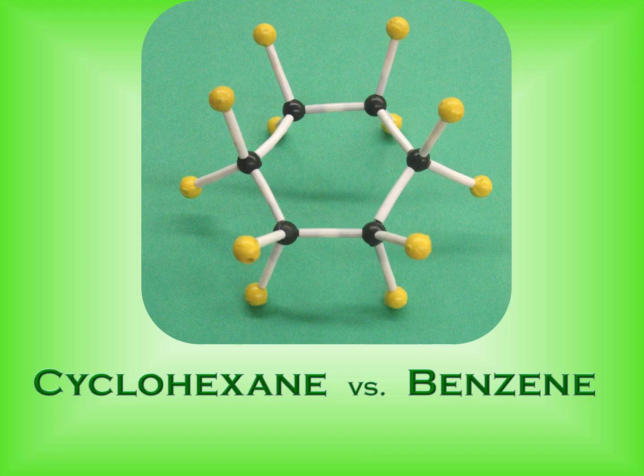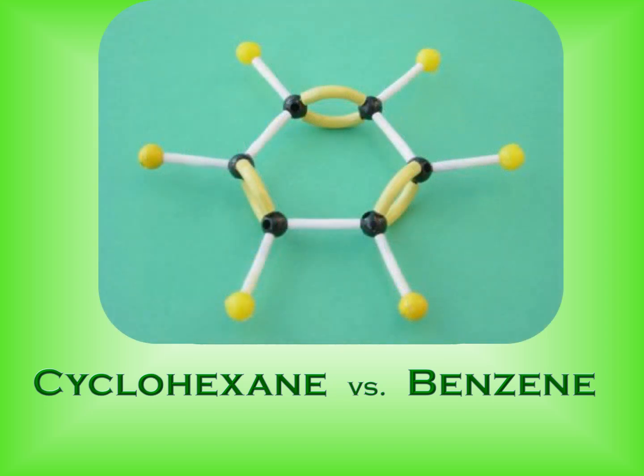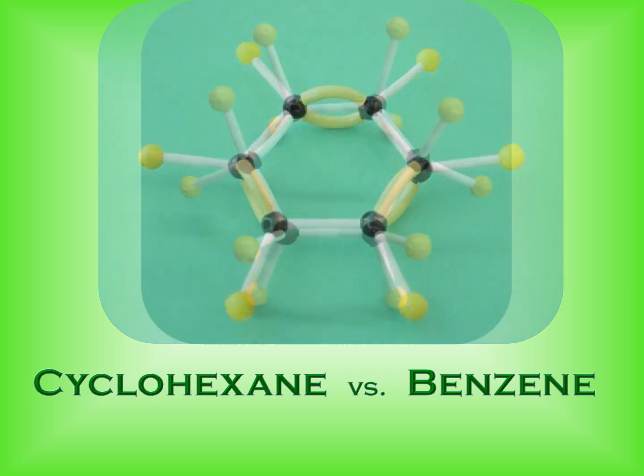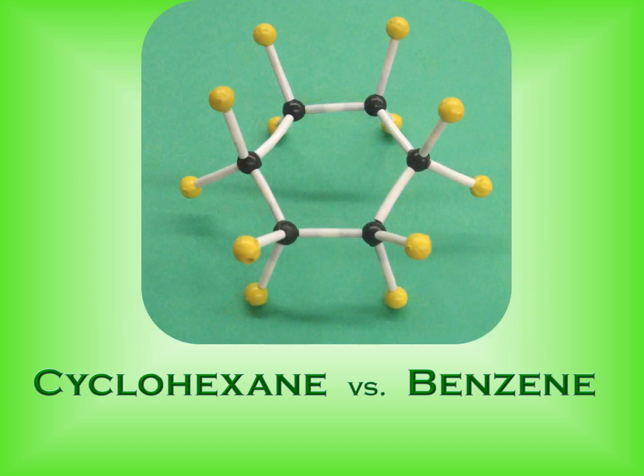Starting with cyclohexane, let's transition it to benzene. Watch. Now notice that each carbon has lost 1 hydrogen because it needs to make a double bond with one of the neighboring carbons. But then, of course, those are resonating back and forth. Now let's transition back, watch again, to cyclohexane. So it has twice as many hydrogens, but only single bonds. So in other words, benzene is not a cycloalkene. Got it?